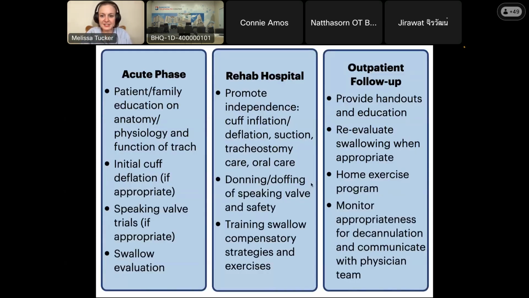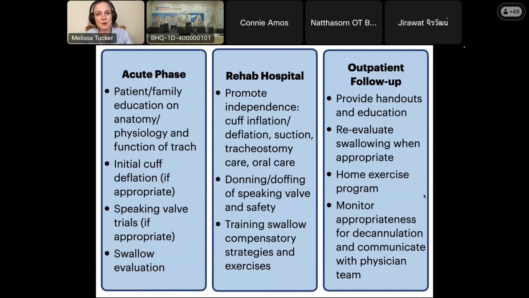I wanted to talk a little bit about the different settings in which we might work with patients with tracheostomy. So I made this graphic to show kind of the acute hospital phase, the rehab hospital phase, and outpatient follow-up. I know that some of you work in a rehab hospital, and I think some of you work in acute care.